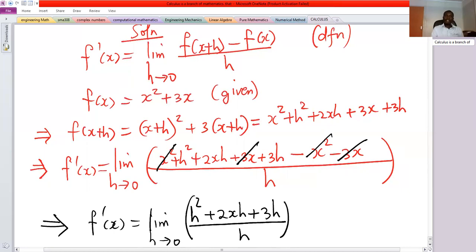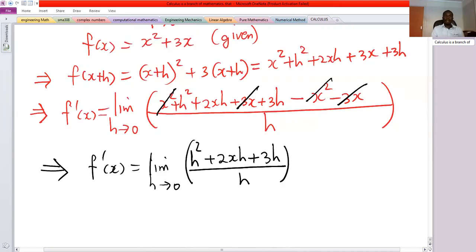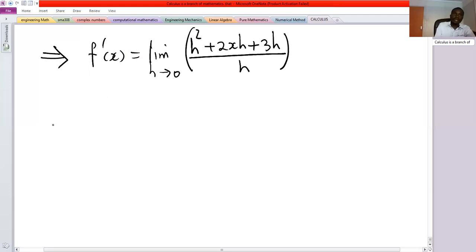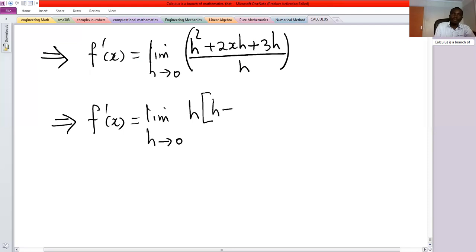And since every term in the numerator has an h, we factorize it. So f prime of x will be the limit as h approaches 0 of h into h plus 2x plus 3, divided by h.